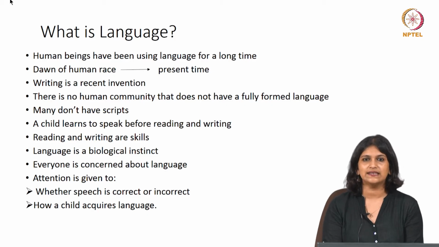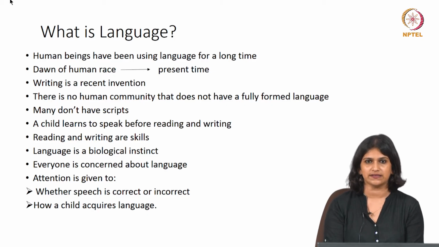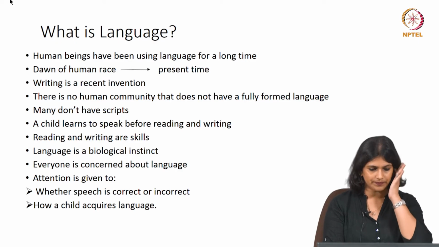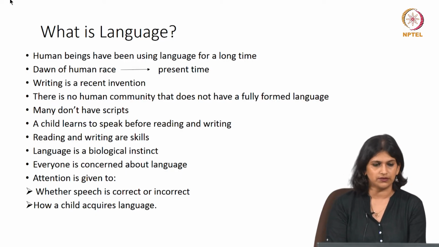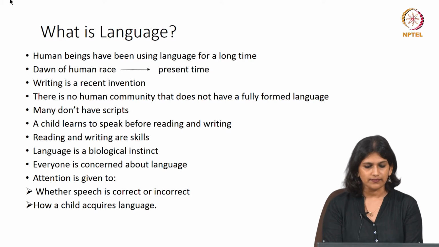Small l's are the independent, individual languages, like English, that's a small l. Odia, which is an Indo-Aryan language, that's a small l. French is a small l. Italian is a small l, or Icelandic is a small l. These are the individual languages that the community speakers speak to communicate with each other.